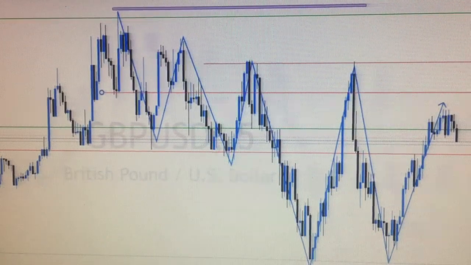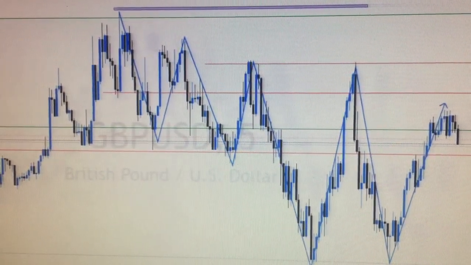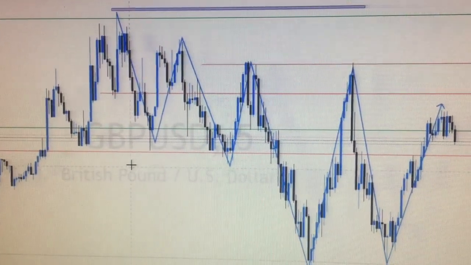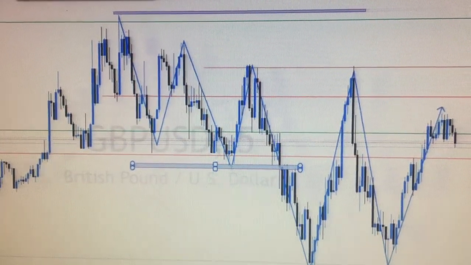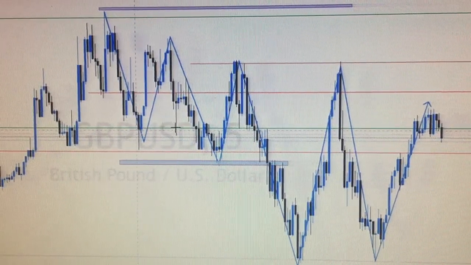So this point is lower than this point, let me just draw them.